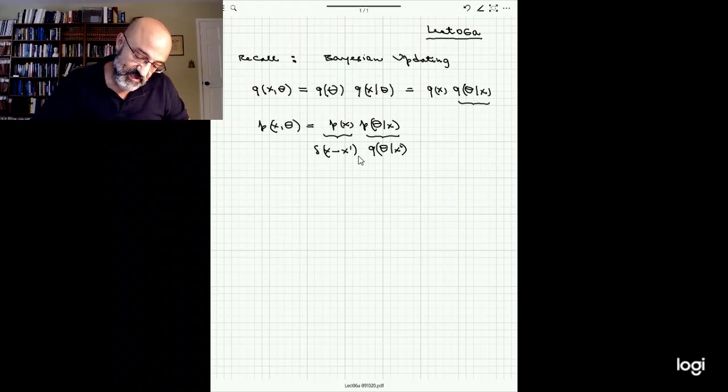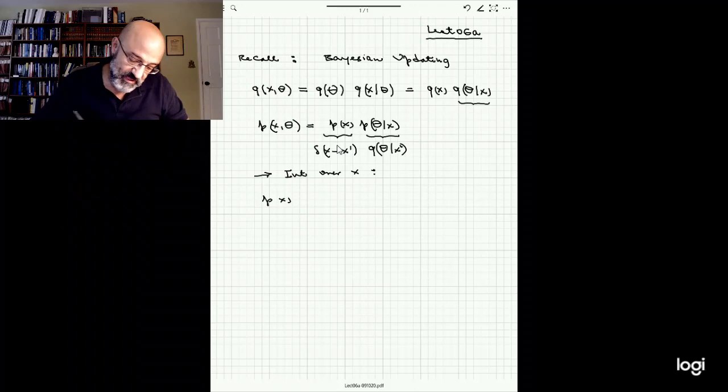And what we have here then is that if we integrate over x, this is very easy because this is a delta function.